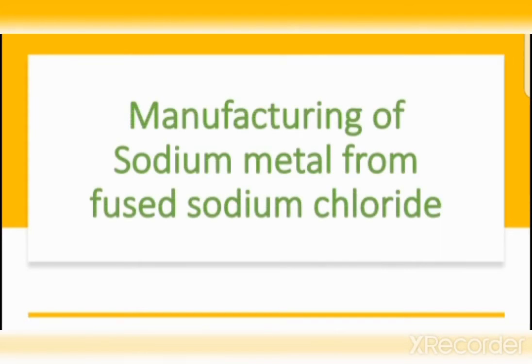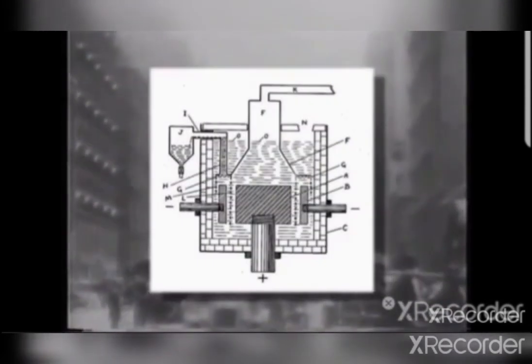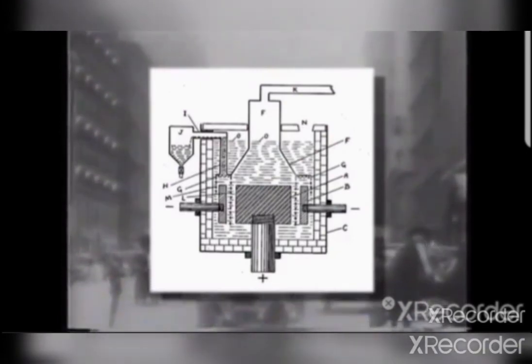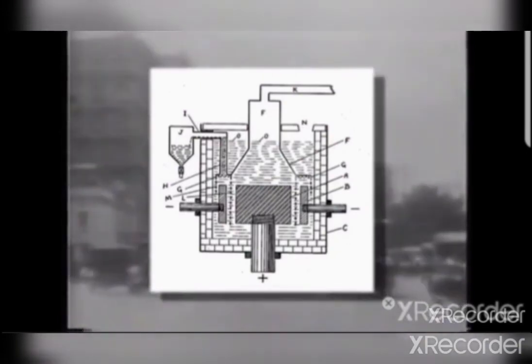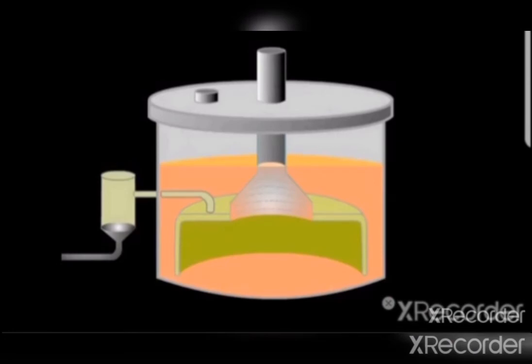Now, let us first discuss manufacturing of sodium metal from fused sodium chloride. In the 1920s, American chemical engineer Jacques Downs devised a cell to produce sodium and chlorine that were kept apart by a simple Einmeyer screen.